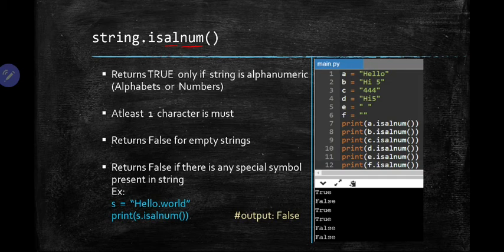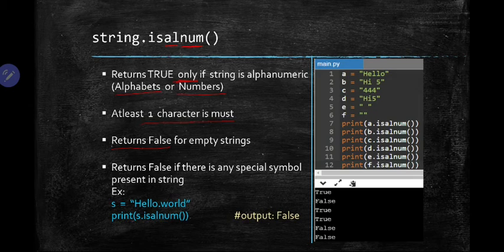And the most important thing is, only if the string contains only alphabets or numbers will it return true. If there are any other special symbols present apart from alphabets or numbers, then it will return false. Also, the string should not be empty. At least one character should be there, otherwise it will return false.